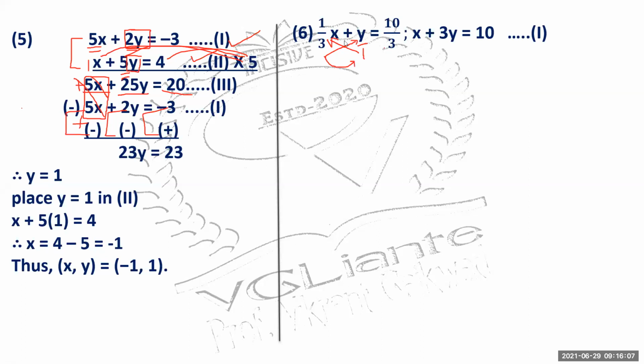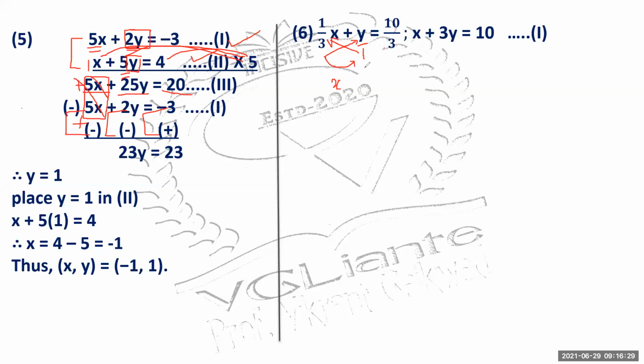Check this: 1 will be multiplied with x, 3 would be multiplied with y, and the denominator is multiplied, that is 3 into 1. This is called cross multiplication. So once you do that, what are you going to get?